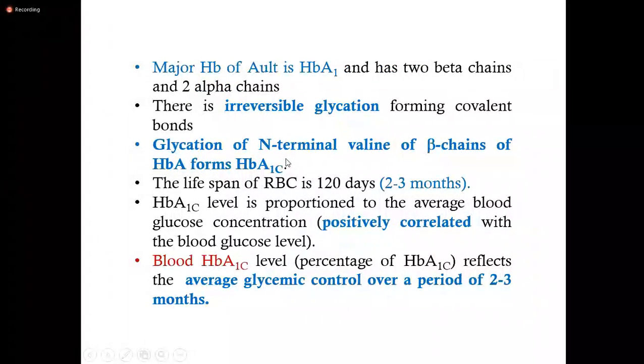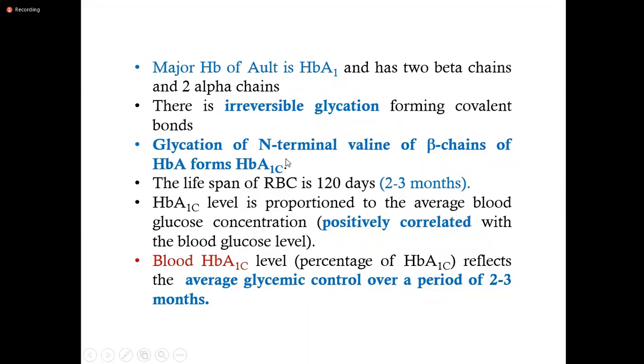So in adults, the major hemoglobin is adult hemoglobin A, and that is having 2 beta chains and 2 alpha chains. And this irreversible glycation, if it is irreversible, there should be a strong bond formation. So what is the bond formed here? Covalent bonds.